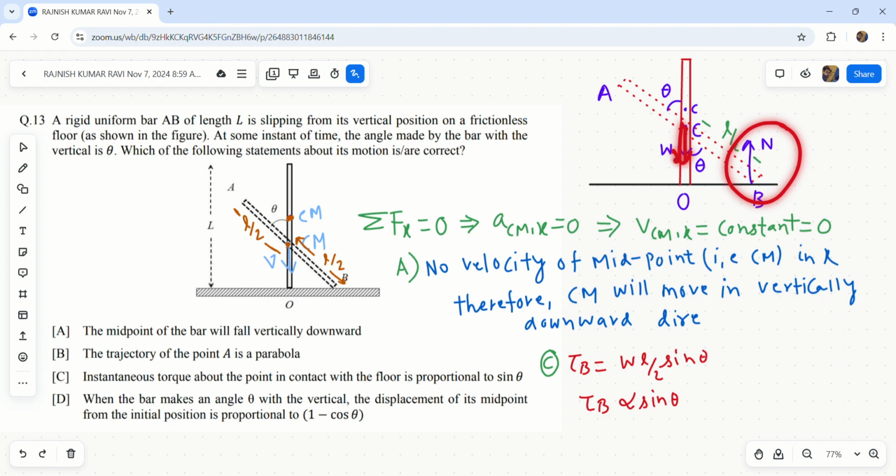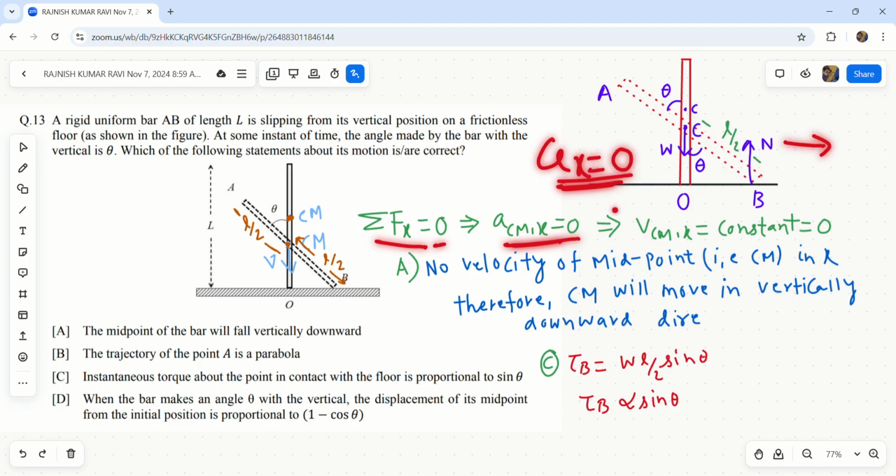If we observe carefully, there is no external force on this system in the x direction. So the sum of the forces in the x direction is 0. Since there is no force in the x direction, the acceleration of the center of mass in the x direction will also be 0.